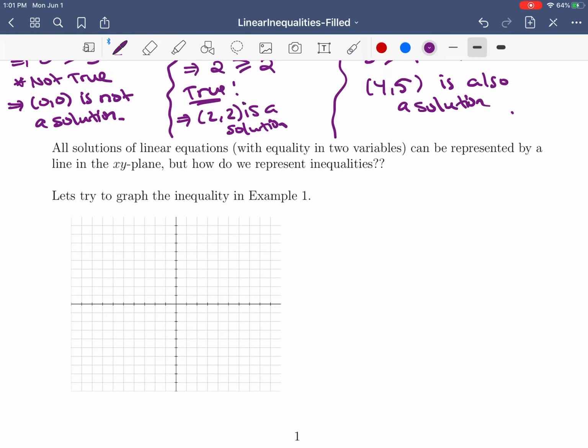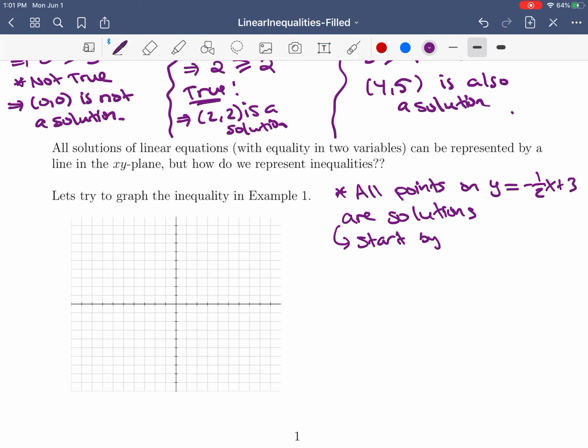So maybe I'll just write that. All points on y equals -1/2 x plus 3 are solutions because they're of the equality. So we can start by graphing these.